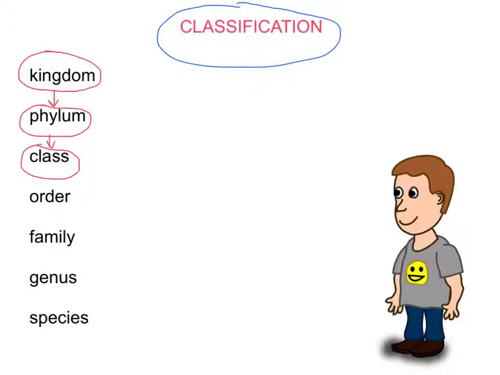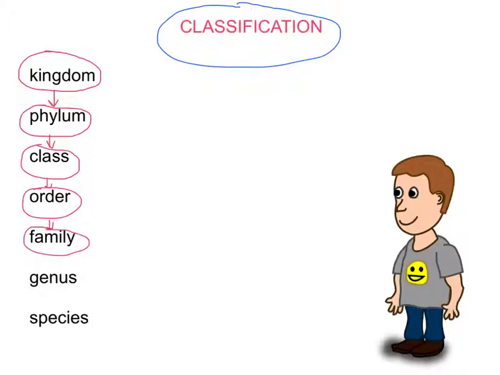The vertebrate phylum is divided into 5 classes: amphibians, birds, fish, mammals and reptiles. So you can see what we're doing is we're starting with the large groups, the kingdoms. So we belong in the animal kingdom, we're in the vertebrate phylum, the mammal class. So we're pinpointing individual organisms. After class we have order, and that leads on to family.